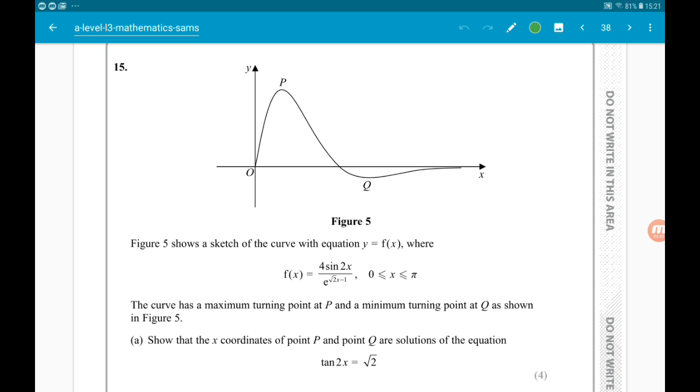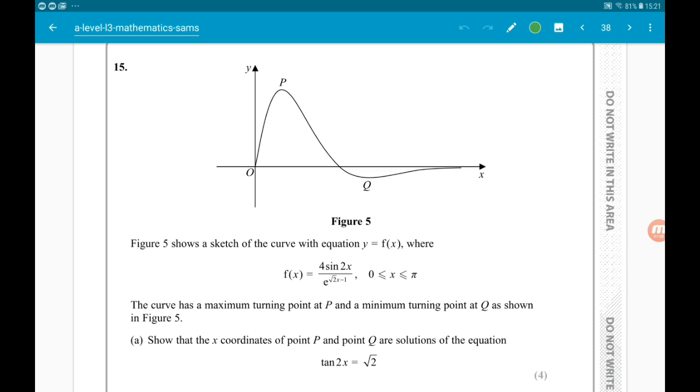We are told the curve has a maximum turning point at P and a minimum turning point at Q, as shown in figure 5. Part A wants us to show the x coordinates of point P and Q are solutions of the equation tan of 2x is equal to root 2. Good times.